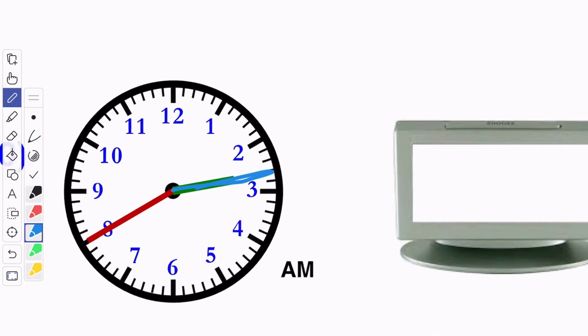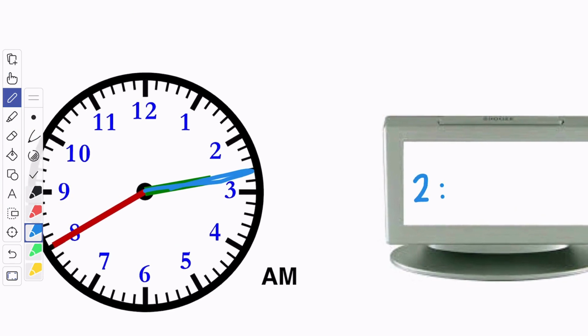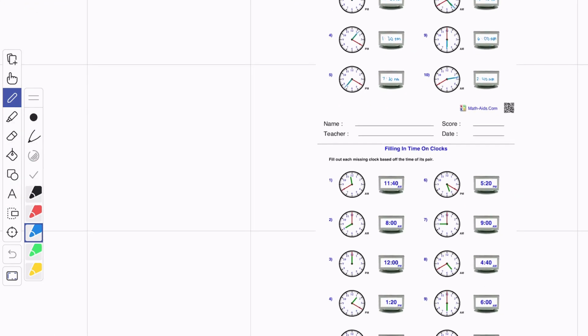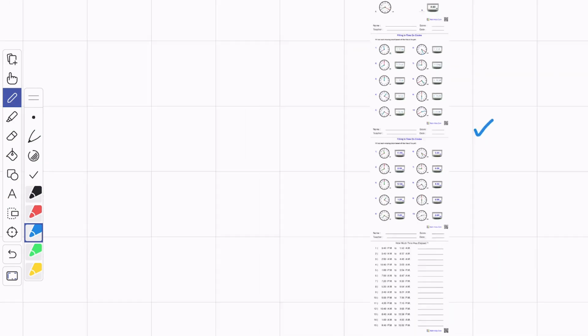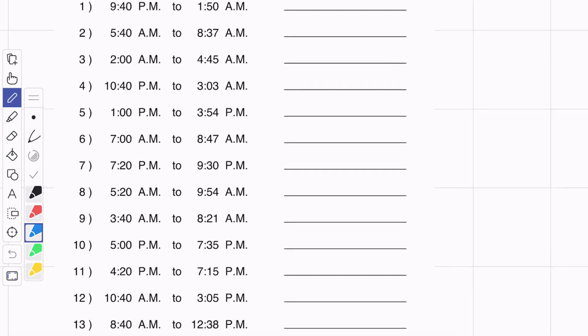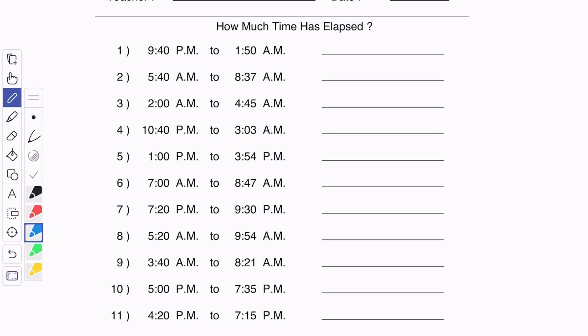Our hour is at 2, and our minute is at 8. 8 times 5 is 40, 2:40 a.m. That's very, very early. Let's check if we got it right. Yes, we did. Perfect. Now we're going to see how much time has elapsed.